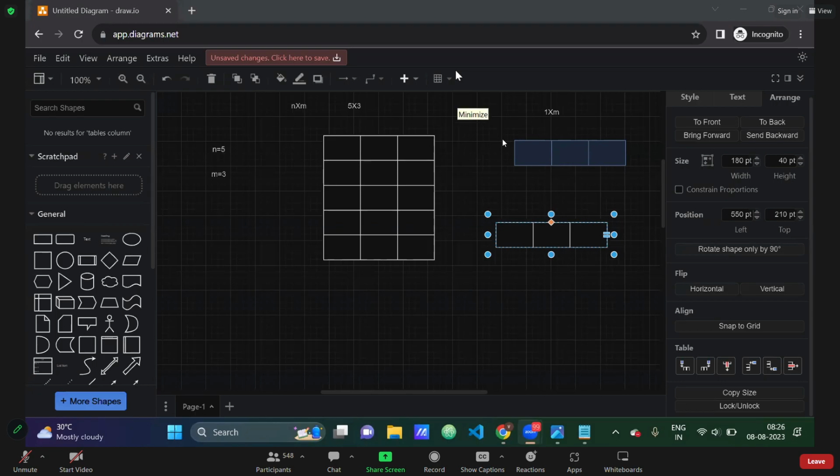Where is the rotate shape option? Yeah, I have done it, but it is not rotating.